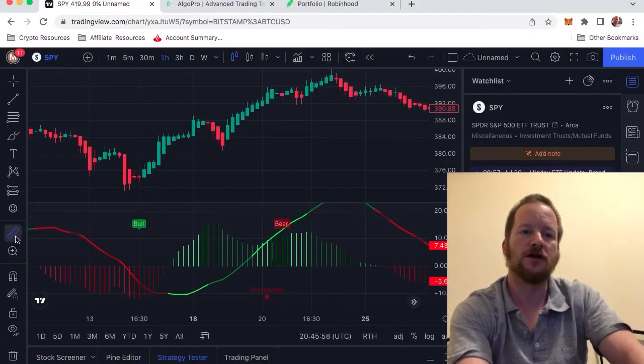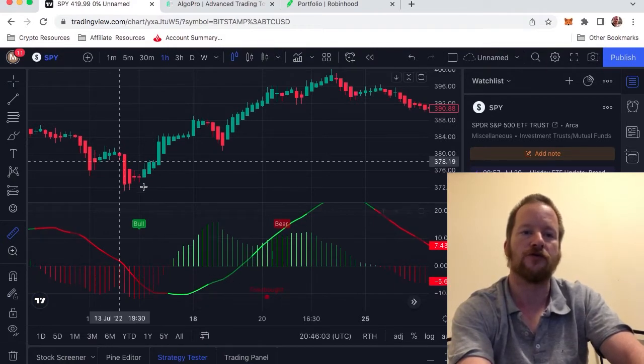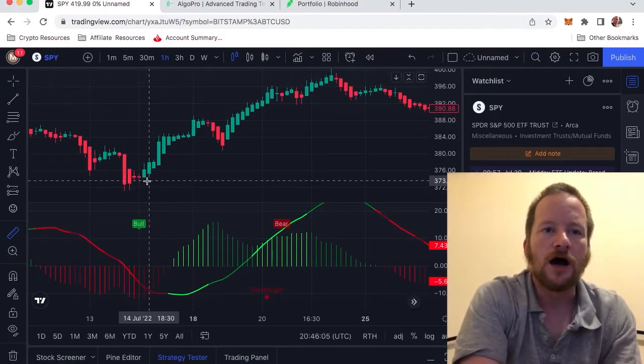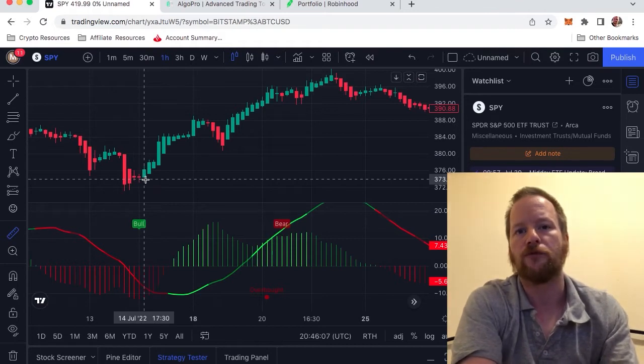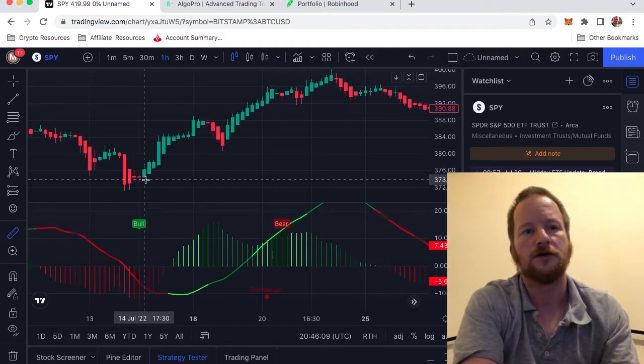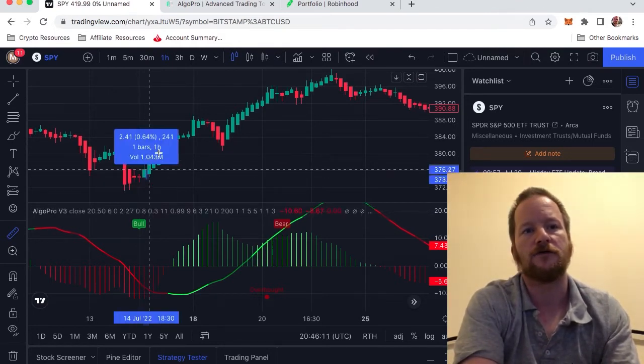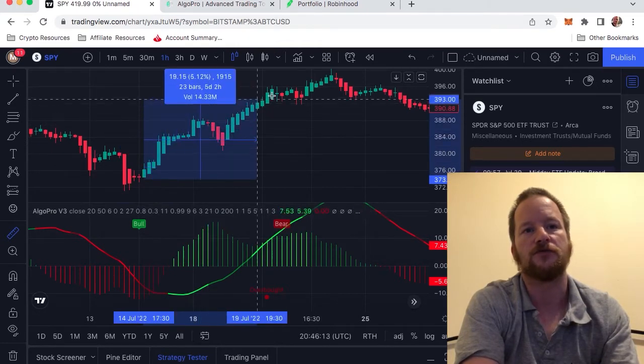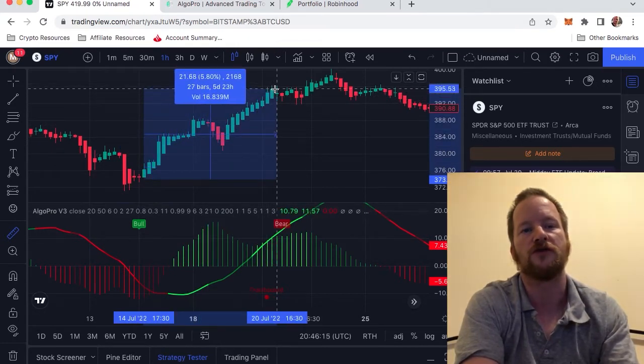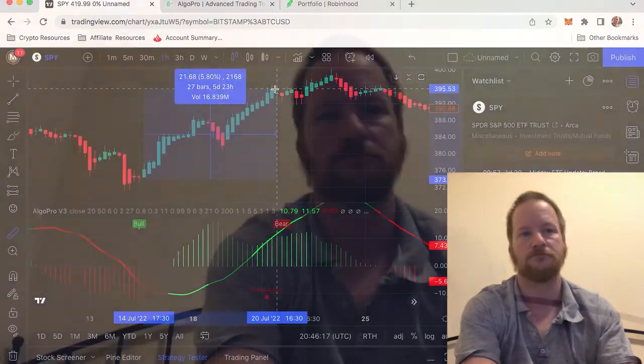So anyway, light red goes into dark red. So I would put my call around 373, and I would wait it out, and I would sell at this point. It'd be 21 points. That'd be another $1,000. So as to supposedly, I don't really know the accurate. That's just an estimate. Let's find one more time.